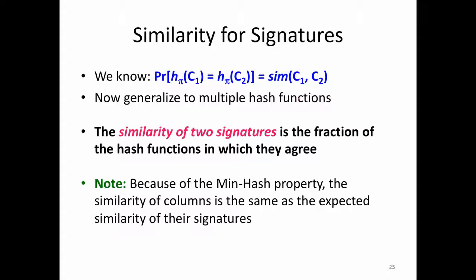Then the similarity between two of the hash signatures is the fraction of hash functions on which they agree, and this is because of this probability definition.